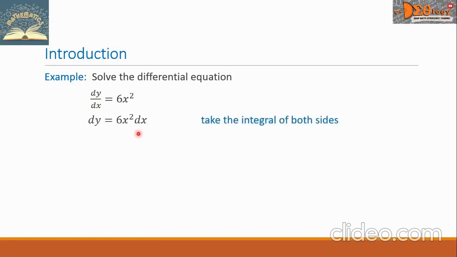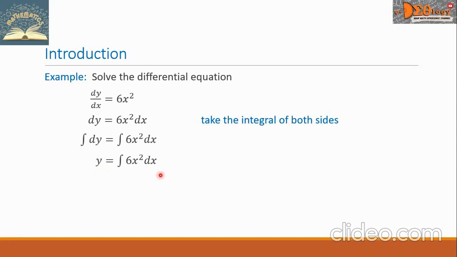And then we will take the integral of both sides. We will have now the integral of dy equals the integral of 6x squared dx. The left side here is simplified into y. This is equal to the integral of the right side.